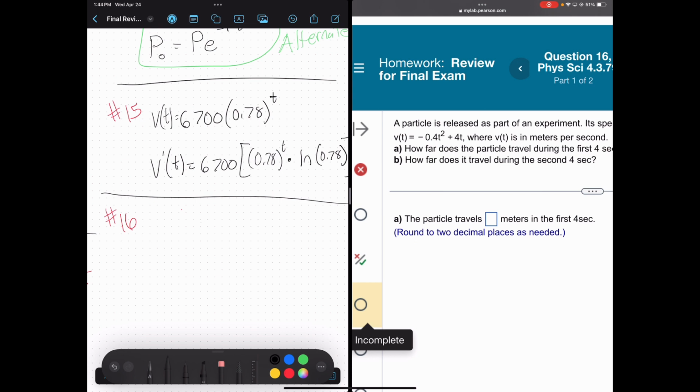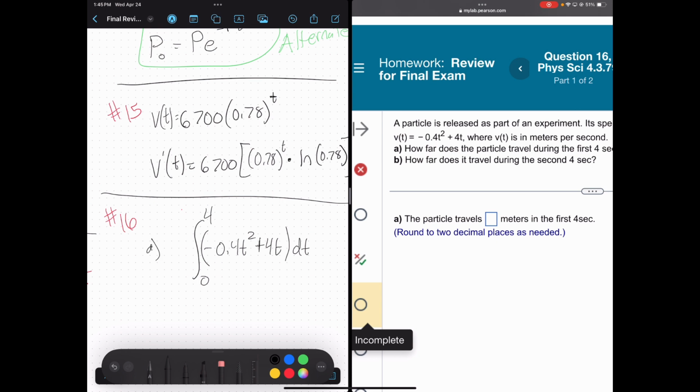So I need the antiderivative of my velocity function. Do I have bounds? Yes. If I'm looking over the first 4 seconds, what are my bounds? 0 to 4.